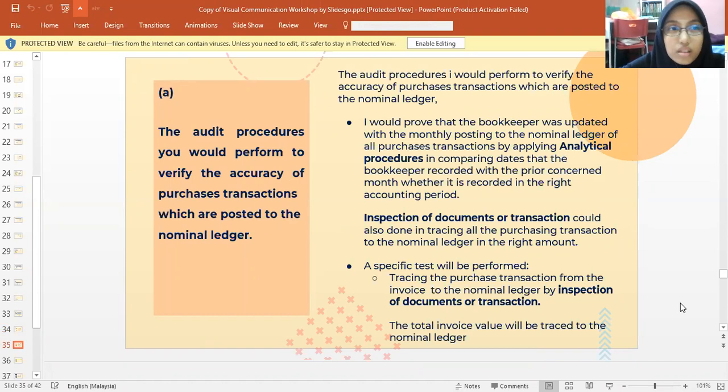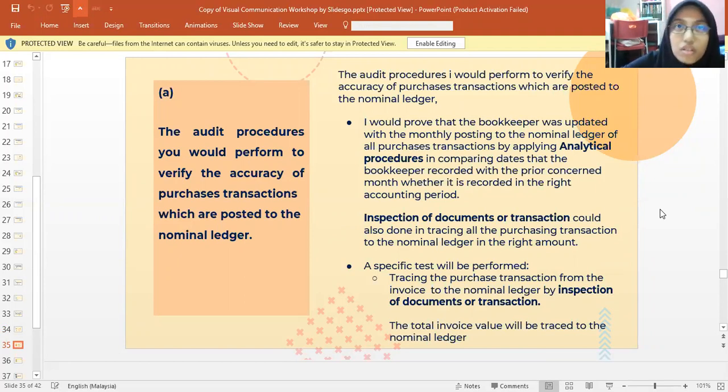Since the questions on the purchase case in group 6 say that Fenton Distributor Company employs a bookkeeper who is responsible for posting the sales and purchase ledger and maintaining the nominal ledger, I will prove that the bookkeeper updated the monthly posting to the nominal ledger of all purchase transactions by applying analytical procedure, comparing the dates that the bookkeeper recorded with the prior month concerned, to see whether it is recorded in the right accounting period.